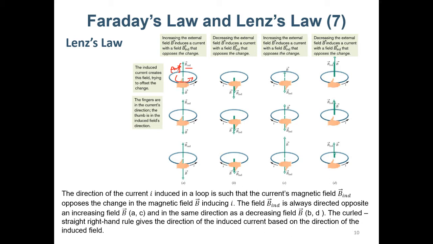So you can see that this one is smaller and becomes bigger. So on the left hand side, it should generate a B field pointing upward.